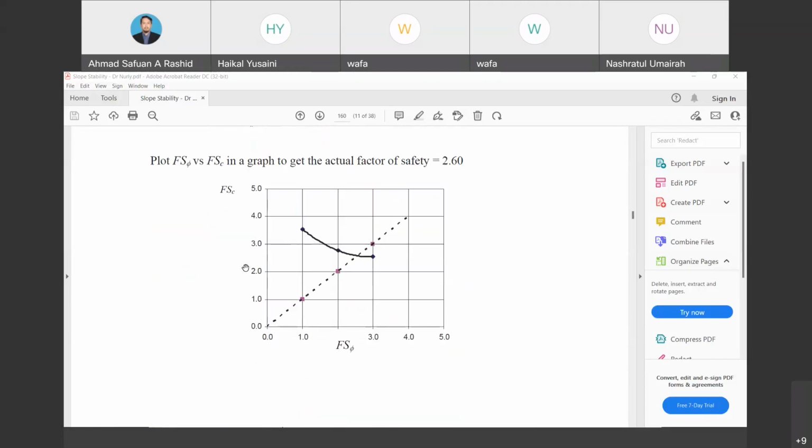Then we plot the relationship between the FSC and FSphi. So we have 3 points here. Why do we need to do at least 3 attempts? Because if we use 2 attempts, we will definitely get a linear equation. But if we use at least 3 attempts, we can get either a linear or a non-linear equation.